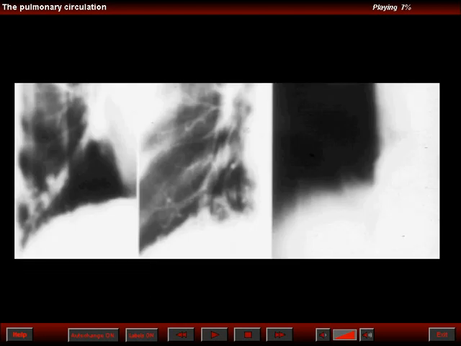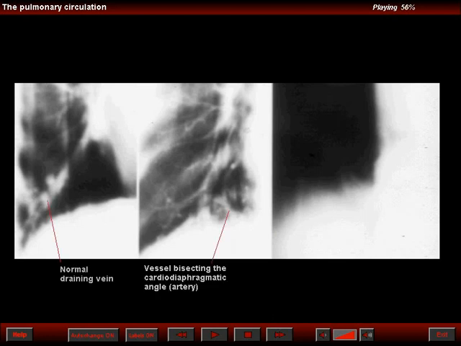In the tomogram, in the lateral projection and frontal projection, we can see two findings. One is a vessel that is bisecting the right cardiodiaphragmatic angle, and we can see in the penetrated image the draining vein of the right lower lobe. At this time, the diagnosis was made of bronchopulmonary sequestration.